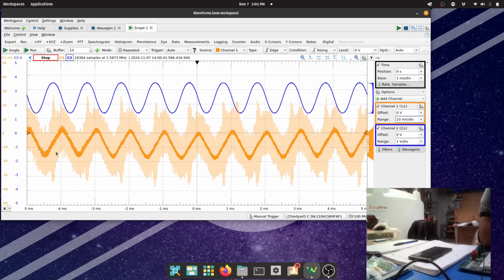Now I would say that this one's still a bit bigger. We're at 10 millivolts, so if it's at 10 millivolts, the other one's reading at 1 volt. 1 divided by that says a gain of 100.